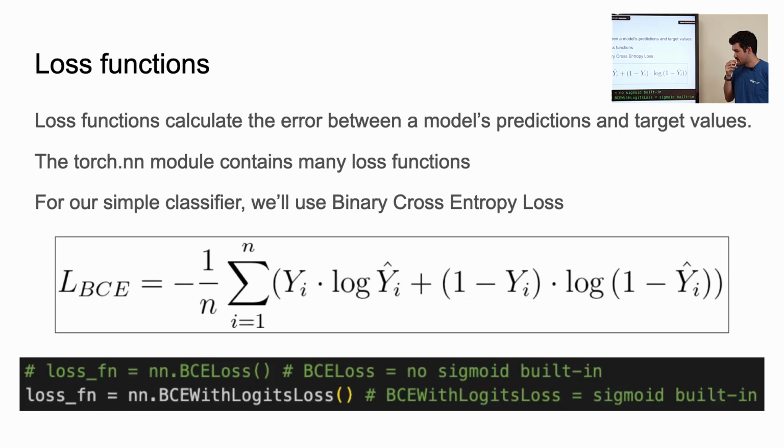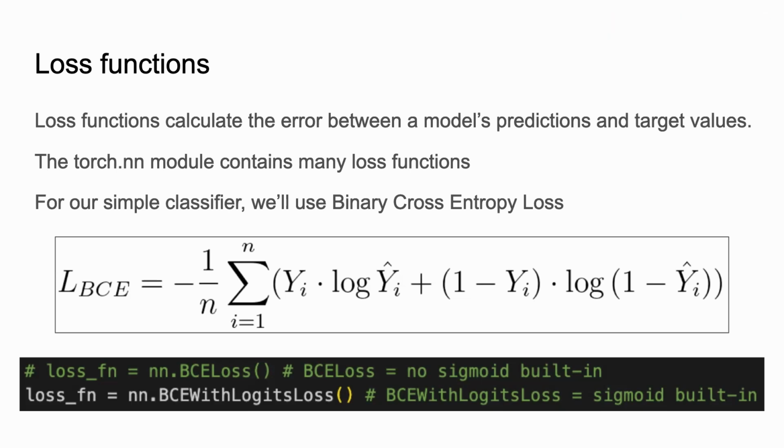So it's pretty much a low value when the prediction is close to the ground truth, and a high value when the 2 differ.